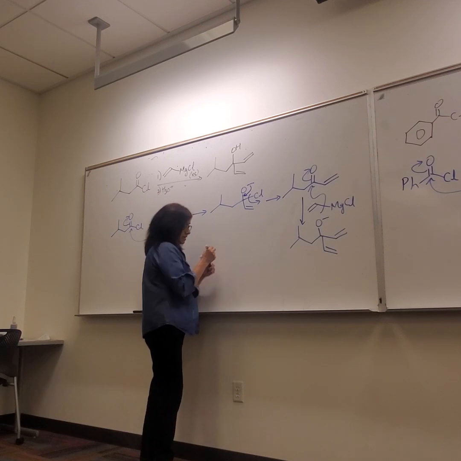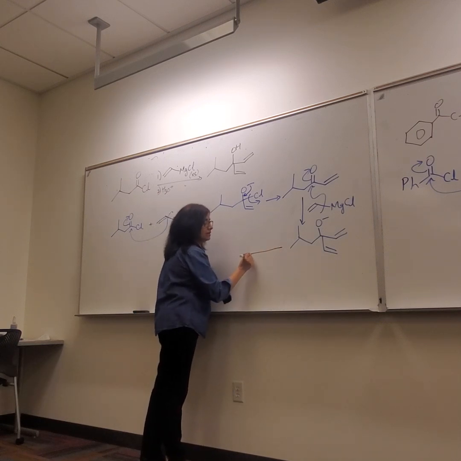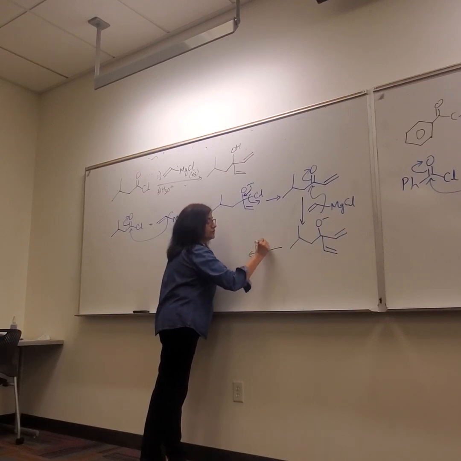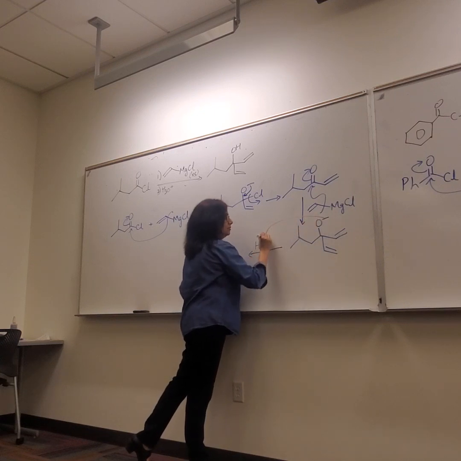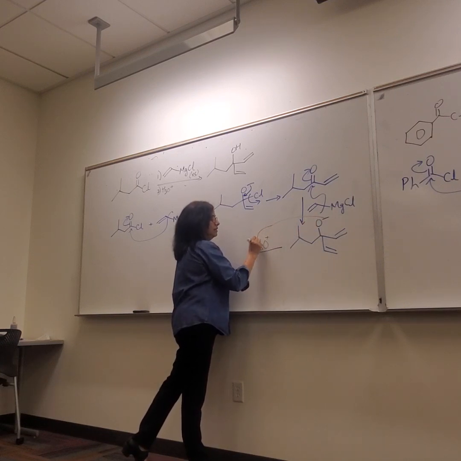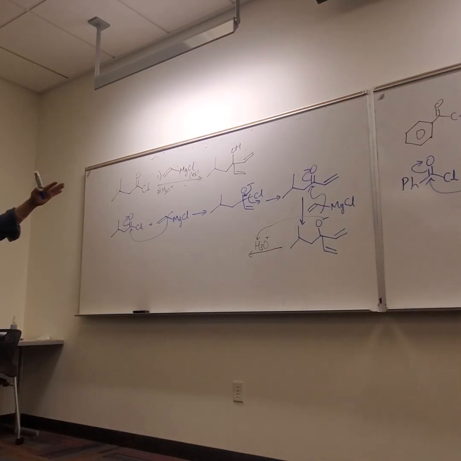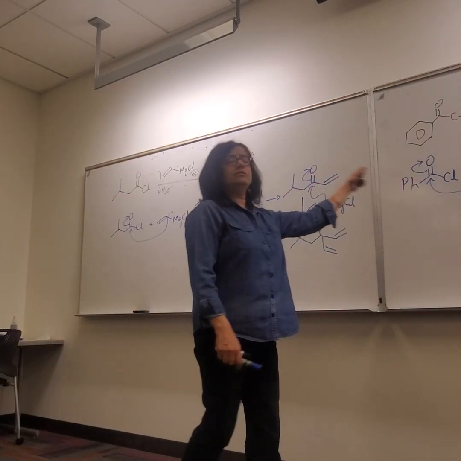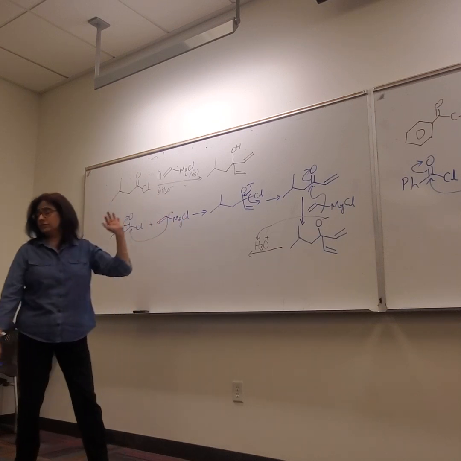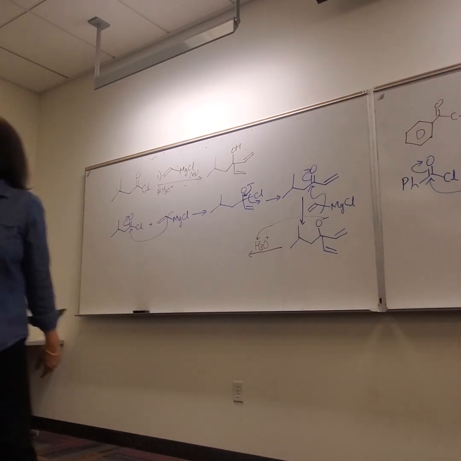So that's when, as Camilla is saying, step number 2 comes in. That's when the first step is finished and now it's ready to be protonated by adding an acid. But please note, guys, the mechanism for LAH and the mechanism for Grignard are exactly the same. The difference is that that's bringing in H minus, this is bringing in R minus. That's the only difference. Everybody agrees? Sure? Yep. Cool.